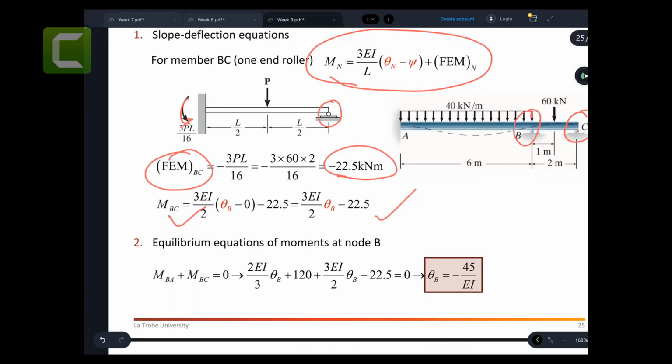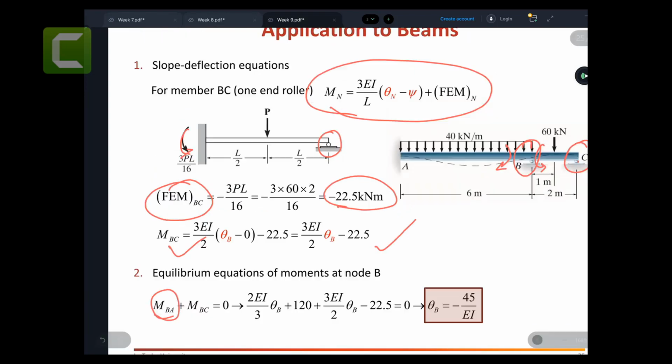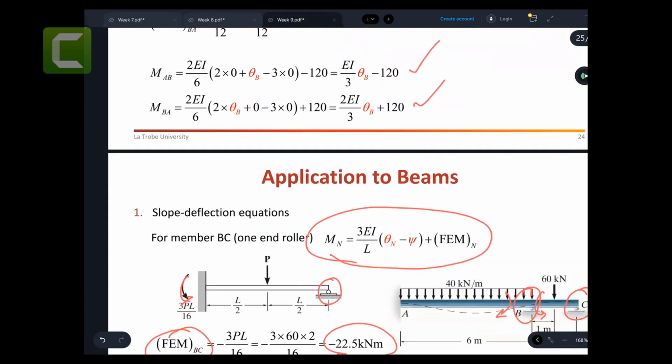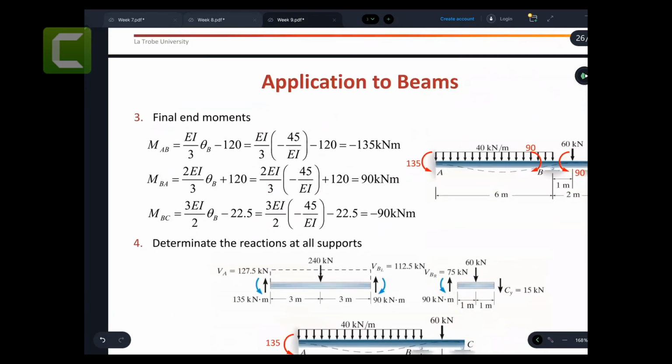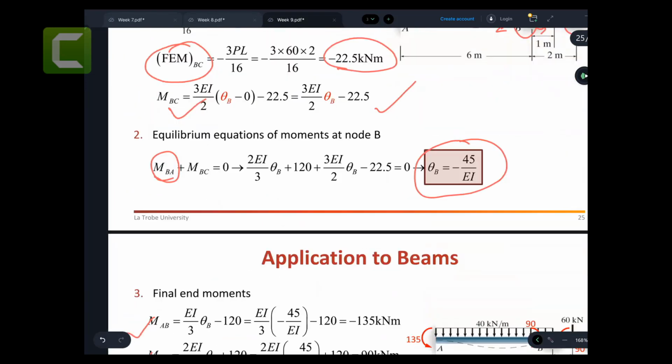Then you can use the equilibrium: MBA plus MBC equal to 0. Substitute the values, you calculate MBA and MBC, and you find the unknown rotation theta B. Once you find the unknown rotation theta B, you calculate MAB, MBA, and MBC by substituting back.